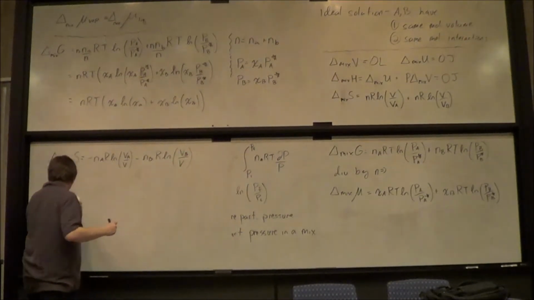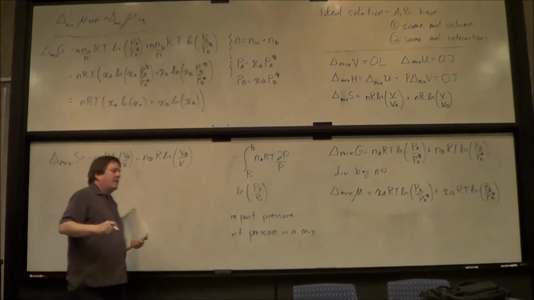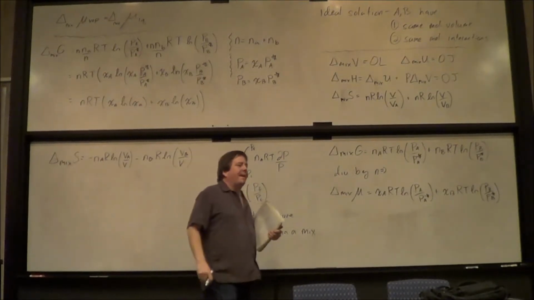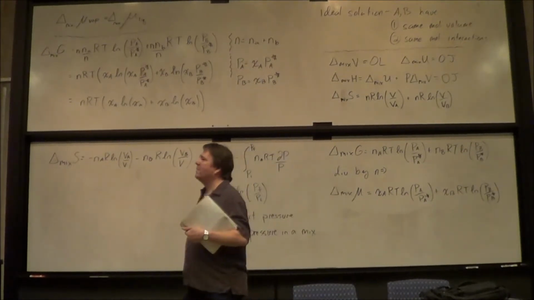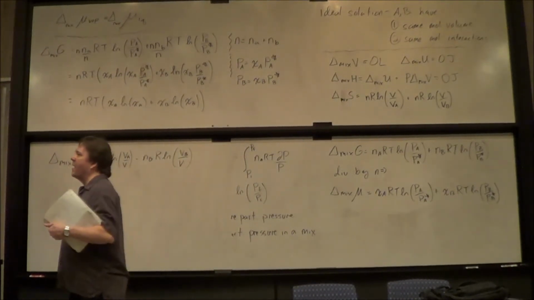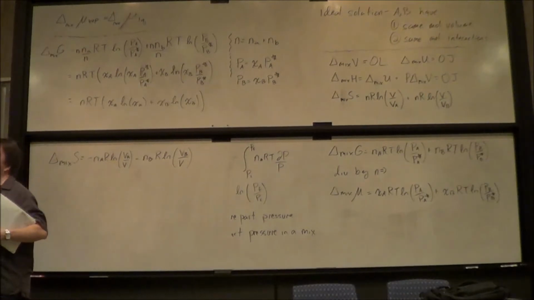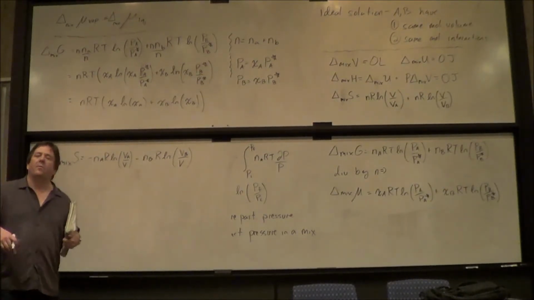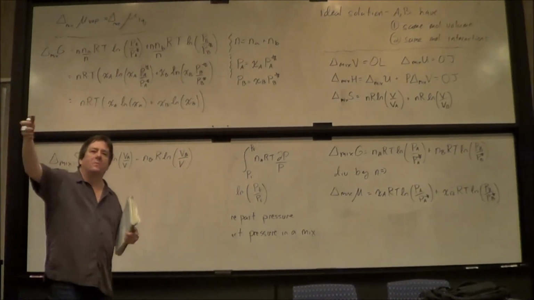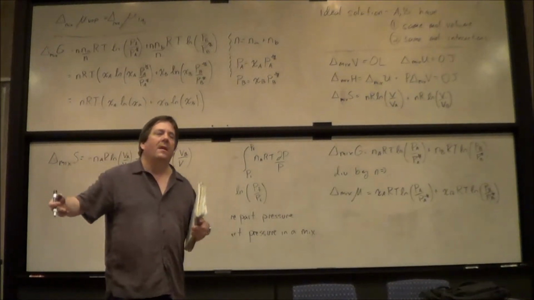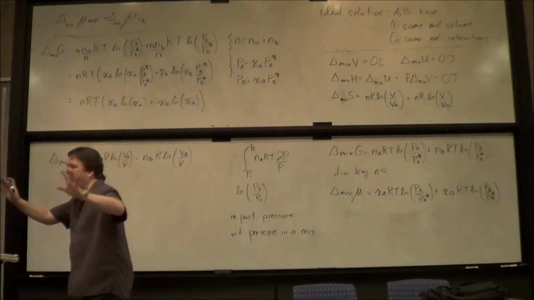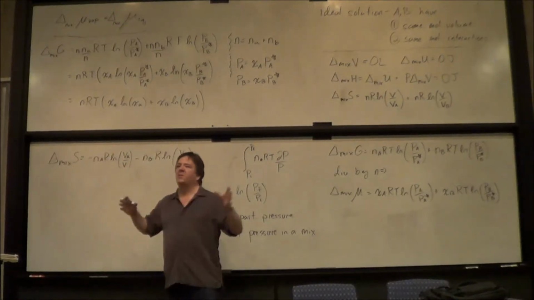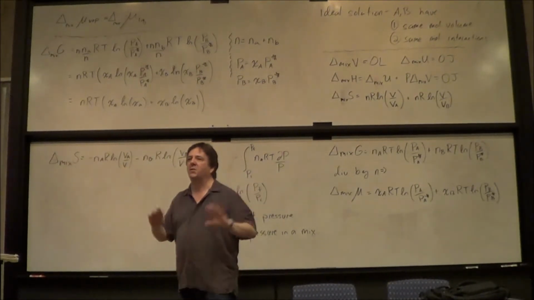Now here's the trick. If they have the same molecular size, and I have a mole of A and a mole of B, I mix them together. So the mole fractions of each is 1/2. All right, now, let me just slow down for a second, think logically, all right? I mix 1 mole of A and 1 mole of B. Their mole fractions are 1/2.